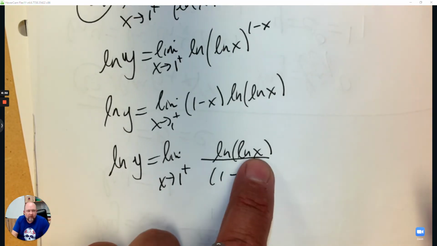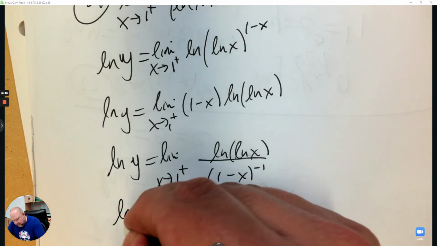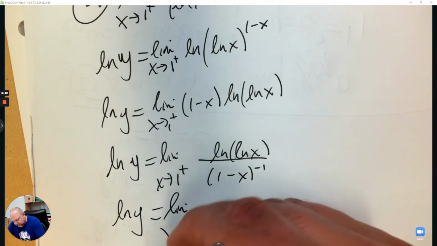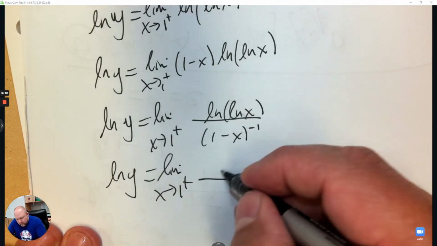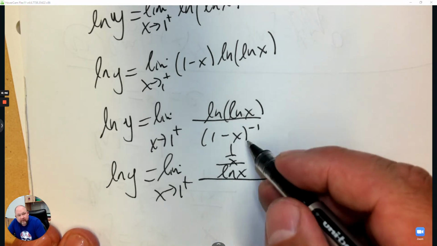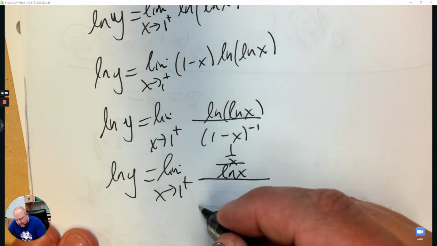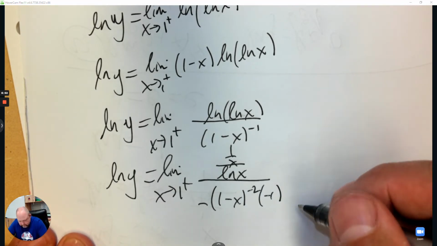If I plug in 1, the answer is 0 over 0. So I'm going to do L'Hopital's rule. So it's that over 1 over x. Here, it's negative 1 minus x, negative 2 with a hook of negative 1.